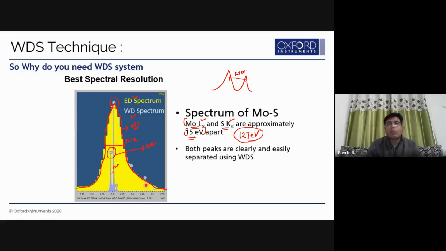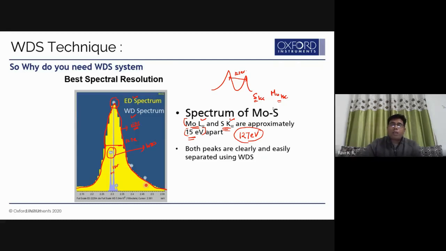But this is possible in many different places, because the L alpha and K alpha of two elements can overlap. Though it's a fingerprint for a particular material, the K alpha of S and K alpha of molybdenum may not overlap, but the L alpha of another material can overlap. This is actually a problem.